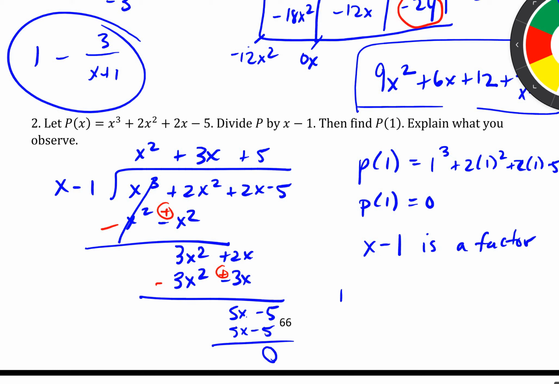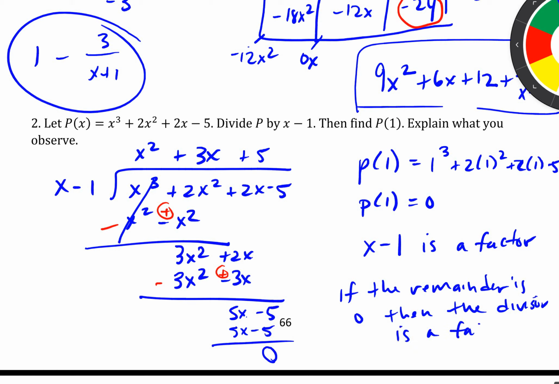So what we can say is if the remainder is 0, then the divisor is a factor. That's exactly what we're going to do in the next lesson. It's something called the remainder theorem.